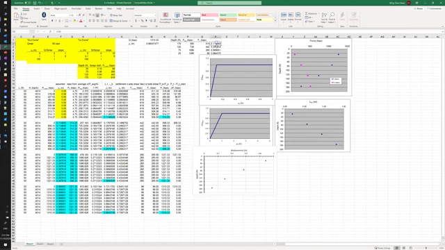So you will have all these settlements of each segment, and then you can plot out to see how the settlements vary at different depths.